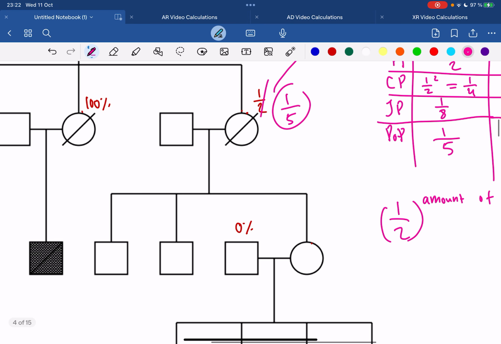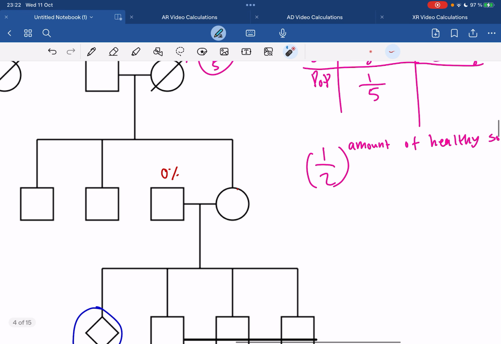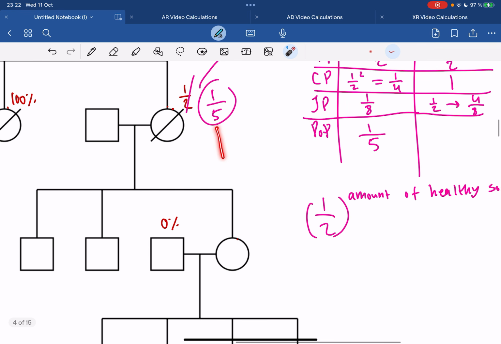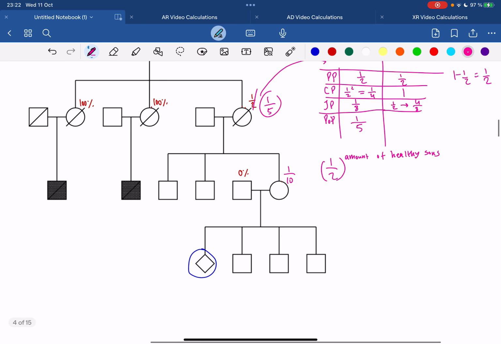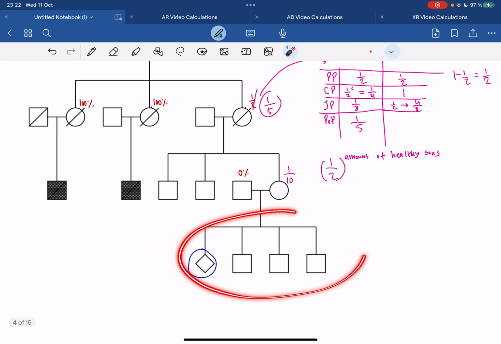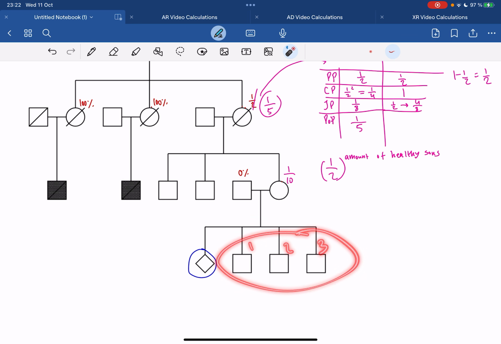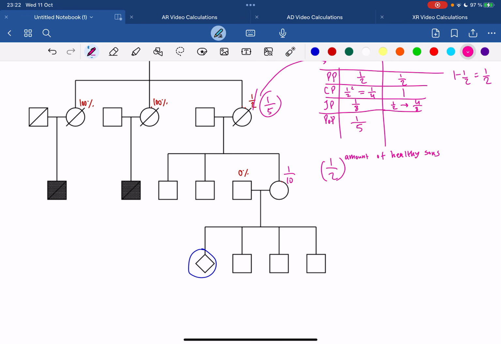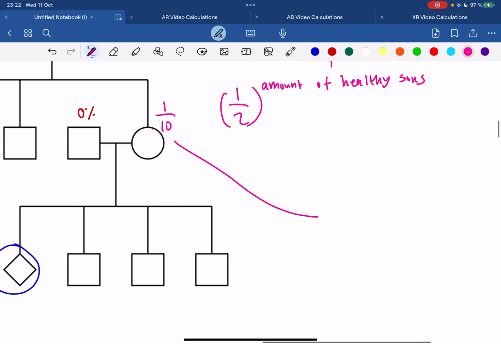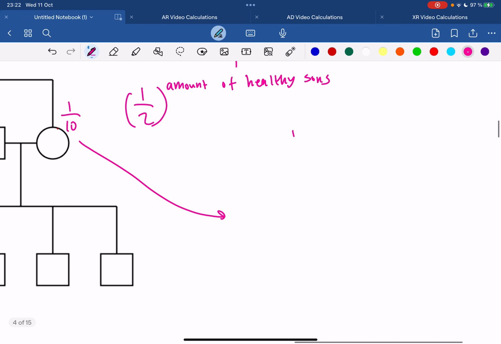Now we go down to this woman right here. She would of course have half of what her mother has, and half of 1/5 is 1/10. However, if we look at her children, we can see that she has not 1, not 2, but 3 healthy sons. Remember, all of them have to be healthy for this to work. So we do a Bayesian table for her as well.